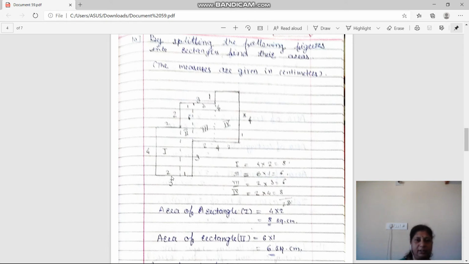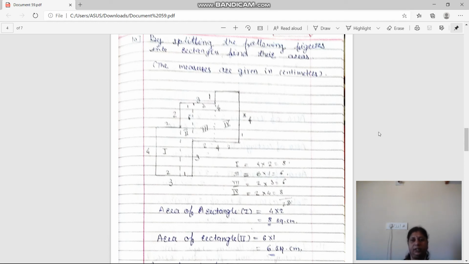So if this is 2, then we have here 2. If this is 1, then here 1. If this is 4, then here 4. If this one is 2, then its parallel line, that is the opposite side, is 2. Understand? Now it is easy to calculate.